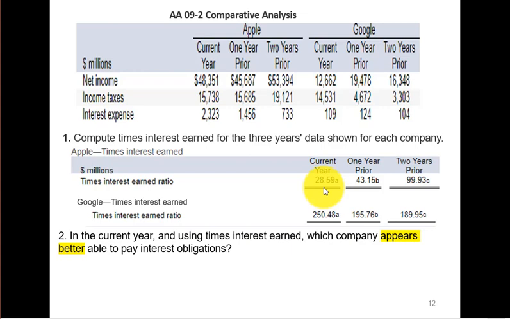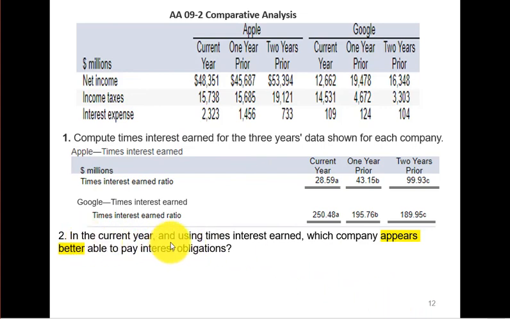On my calculator here, I'm going to take 48,351 and add back 15,738. Also, I'm going to add back 2323 and get 66,412. I'll then divide that by 2323, and I get 28.59. So that's exactly how I did it.